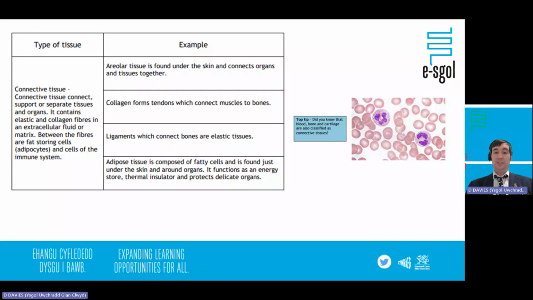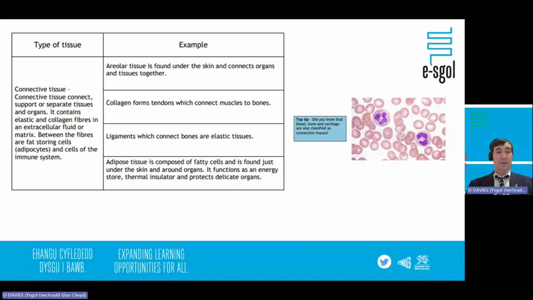Adipose tissue. So this is fat cells found just under the skin. These cells have large vacuoles in them that are filled with fat. So they act as an energy store, a thermal insulator to keep you warm, and to protect your delicate organs like kidneys.